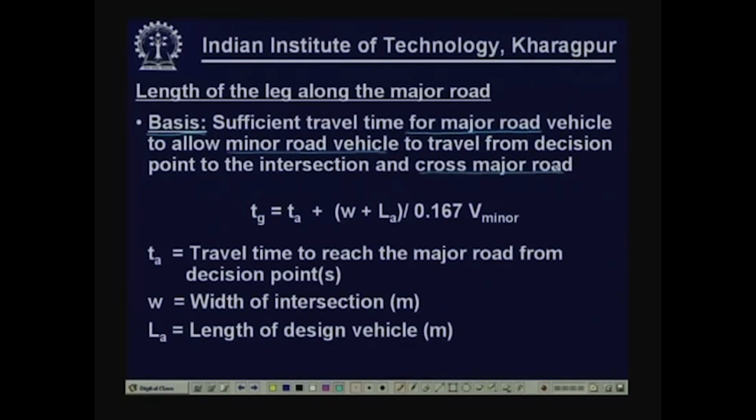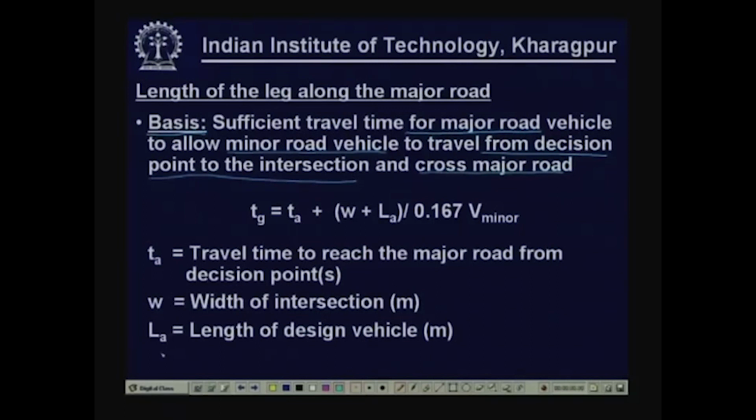So, there are essentially two components of time. One is the time required to travel from the decision point to the intersection, and then the time required to cross the major road. So, the total time required could be estimated and the required length along the major road can be estimated accordingly.